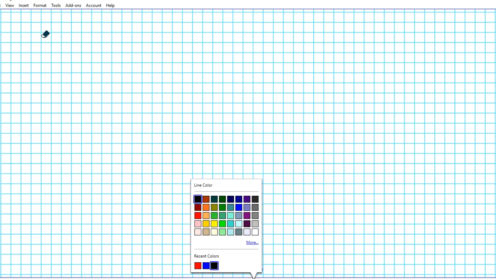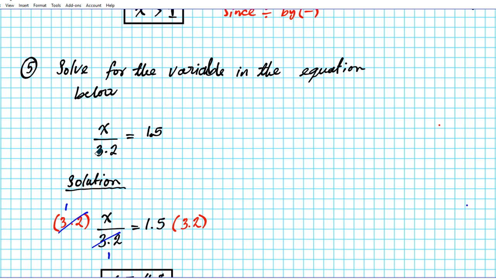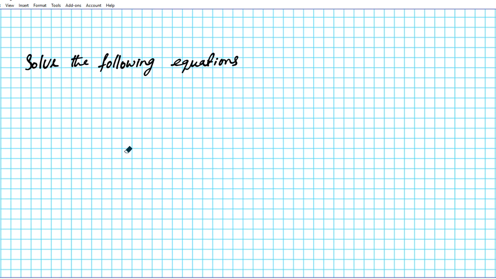Alright, moving right along. Now let's go ahead and solve some equations that involve the use of the distributive property. So instructions are for us to solve the following equations. Alright, so we did number 5, so we're now in number 6.